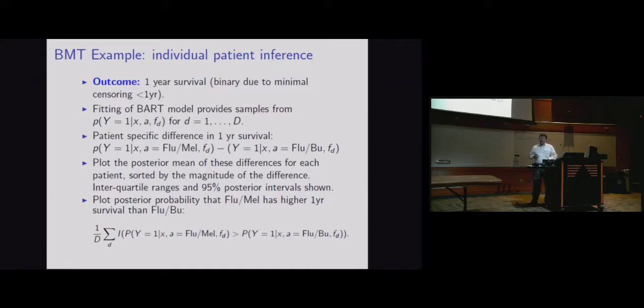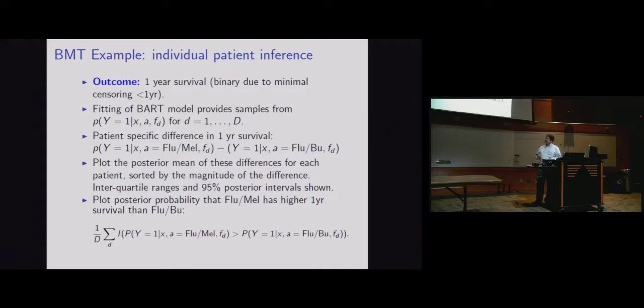So we can get essentially patient-specific inferences or differences in one-year survival right out of these samples. In some sense, this is a counterfactual, if you want to think about it in that way. You're looking at the predictive outcome for the two different treatment conditions for an individual.